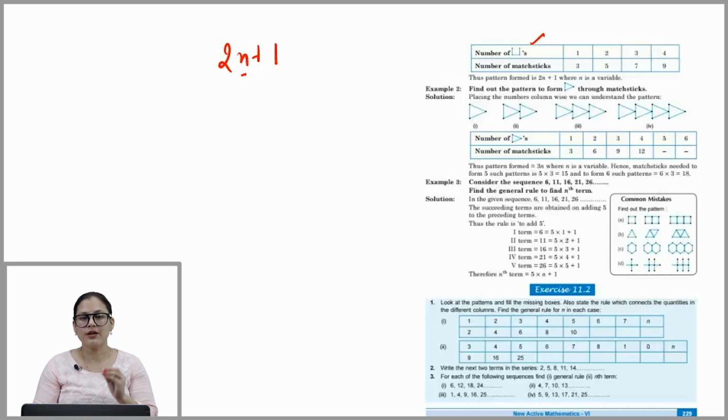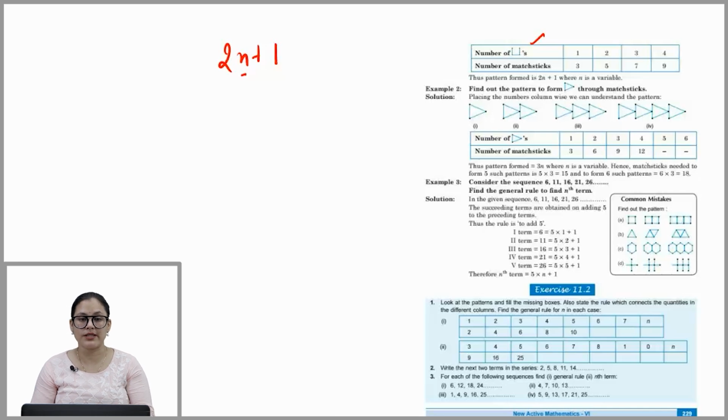Example 2. Find out the pattern to form this through matchsticks. So placing the numbers column-wise, we can understand the pattern. See, the number of these triangles. For one triangle, we have used 3 matchsticks. For 2, we have used 6. 1, 2, 3, 4, 5, 6. For 3, we have used 9. For 4, we have used 12. For 5, how many matchsticks will have been used? Let's find out.